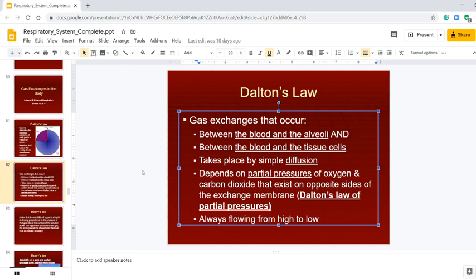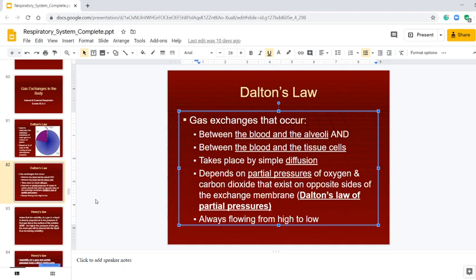If outside is a high pressure of oxygen and inside is a low pressure of oxygen, the oxygen is going to travel inside. If carbon dioxide is high on the inside and low on the outside, it is going to push its way out. Those pressures are going to equalize. So it's always flowing from high to low.